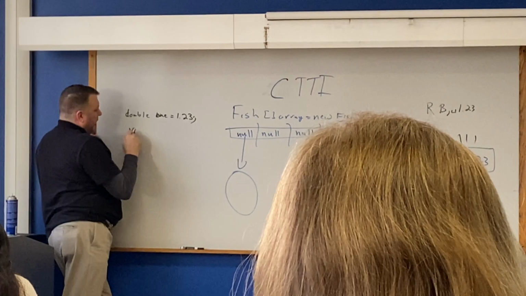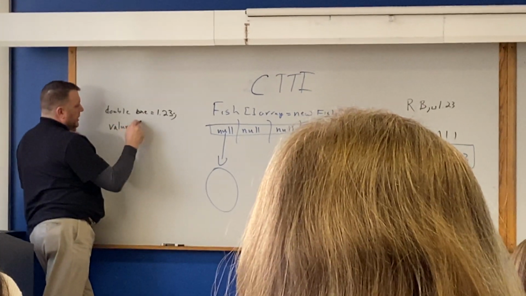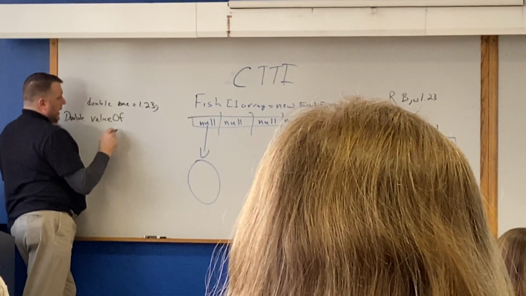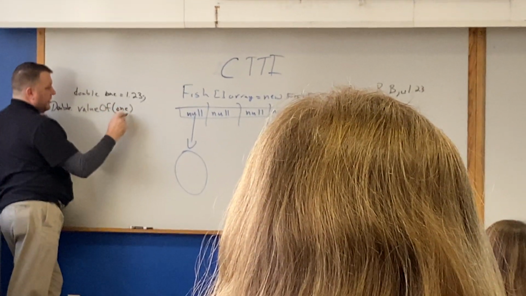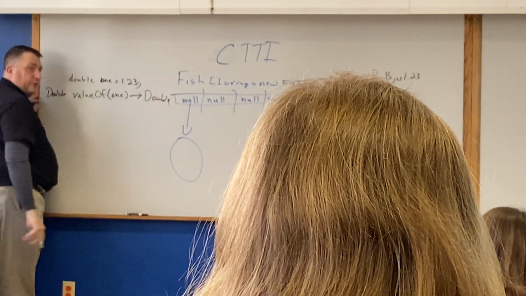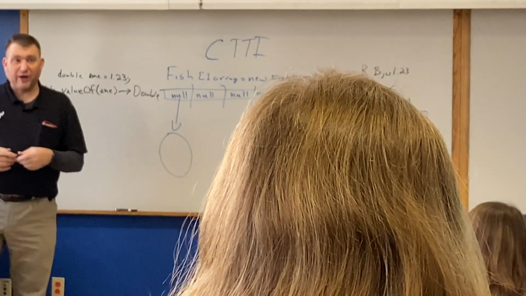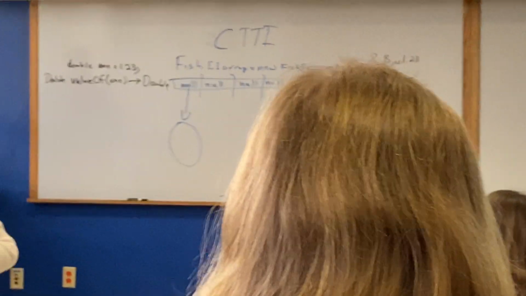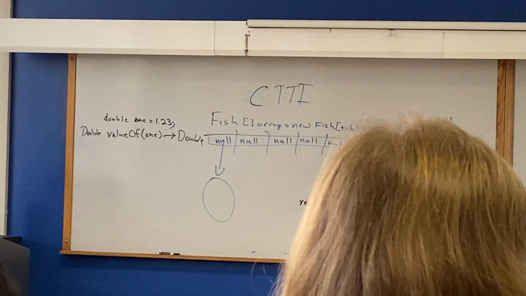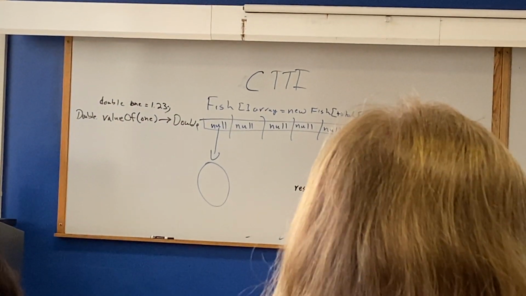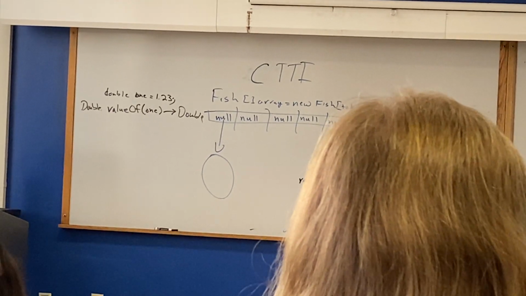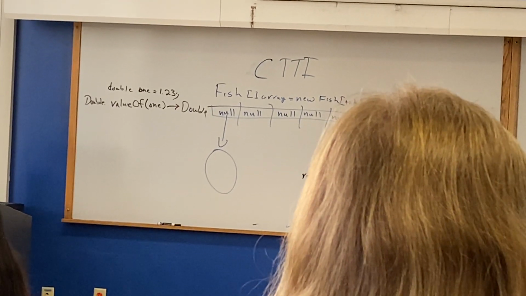The point of Double.valueOf is to take that primitive and convert it into a capital D Double object. So the point of valueOf is to take a primitive and convert it into an object of that type. Integer.valueOf, Double.valueOf, Character.valueOf take a primitive and convert it into an object of the same type.